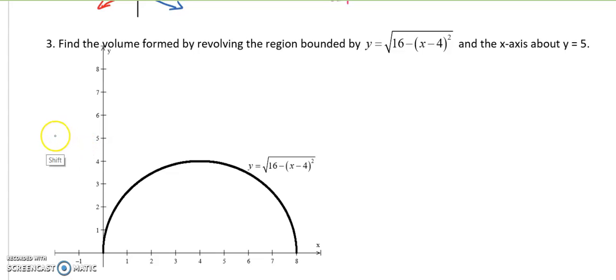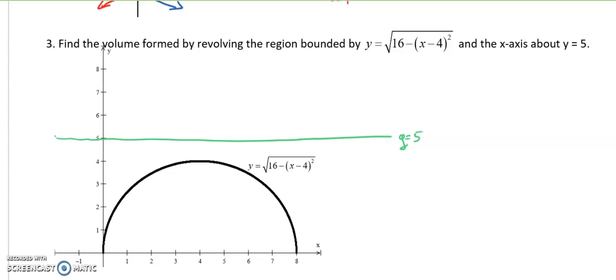So if I draw the horizontal line, y equals 5, I have to make the decision how I'm going to integrate. Once again, with respect to x or with respect to y. Hopefully you've realized that since y equals 5 is a horizontal line, just like the x-axis, we will integrate with respect to x.